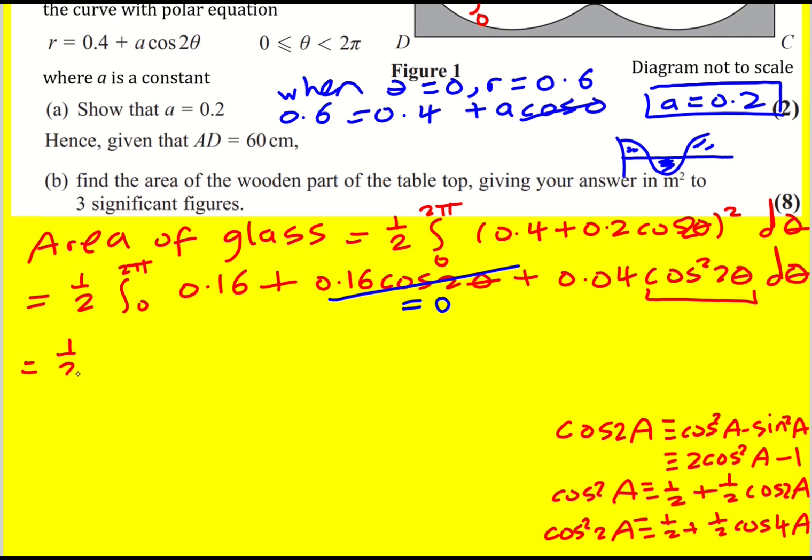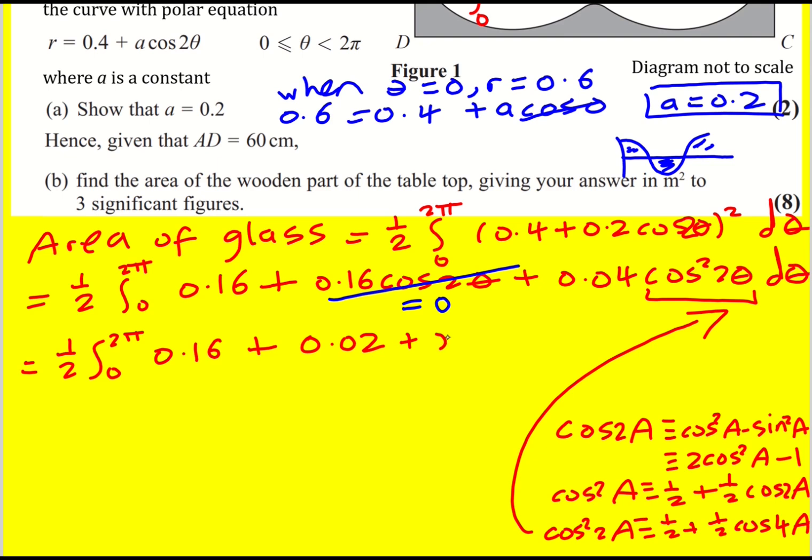So my next line is a half integral from 0 to 2 pi of 0.16 plus, putting this in here, a half of 0.04, which is 0.02, and then plus 0.02 times cos of 4 theta.